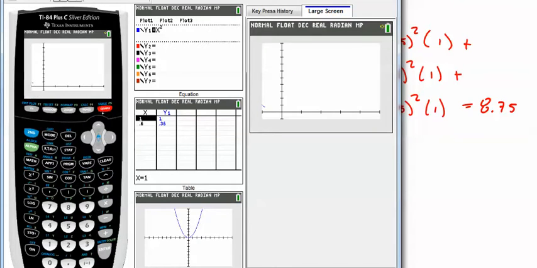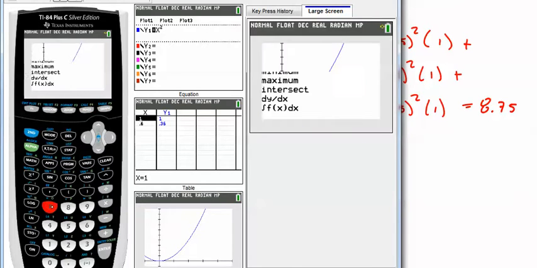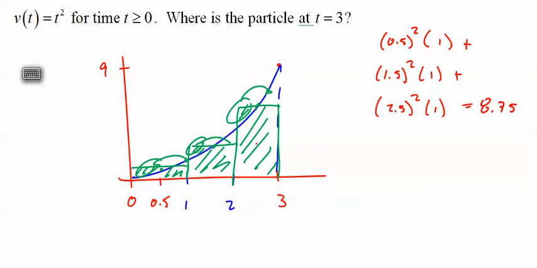Let's graph it. And then we get to use the integral button, which we haven't even gotten to yet, but I'm getting way ahead of myself. I say take it from 0, please, to 3, please. And there it fills it in. And it says it's 9. And we got 8.75. So you can see with just 3 rectangles, we're starting to get pretty close.